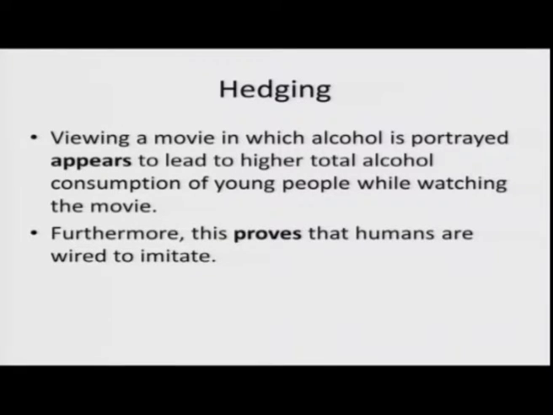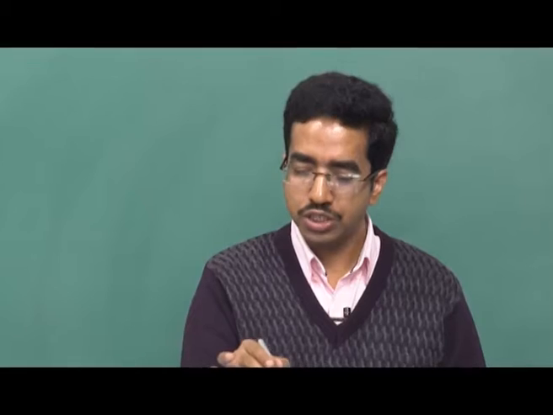So, if you are reaching a conclusion, as the author has done here, the author has used a hedging word, appears. So, now you can read the same sentence without this and then see. Viewing a movie in which alcohol is portrayed leads to higher total alcohol consumption.